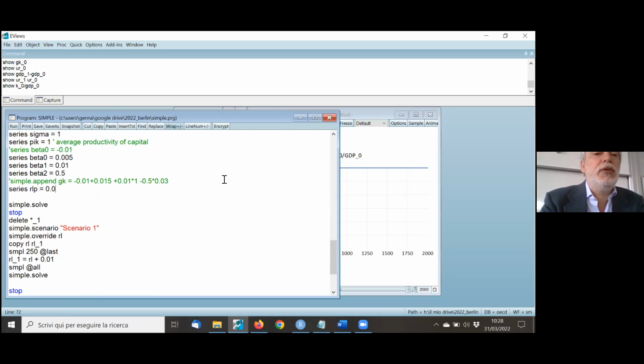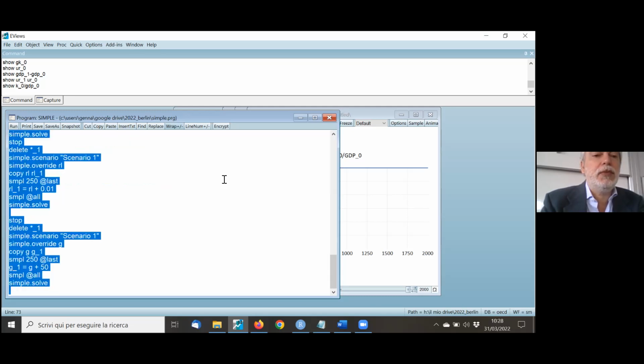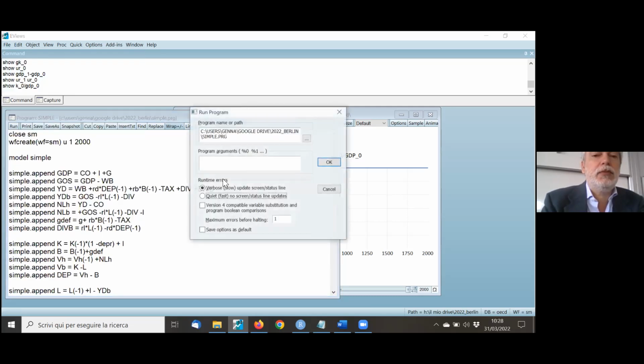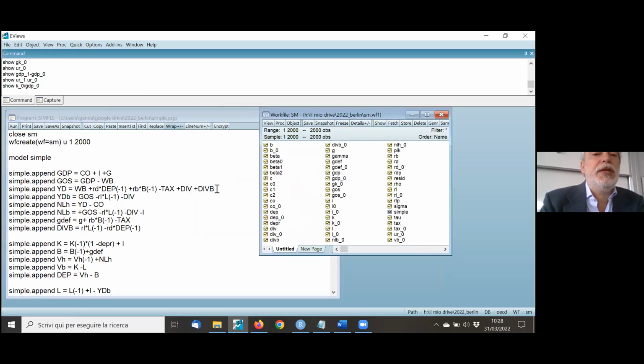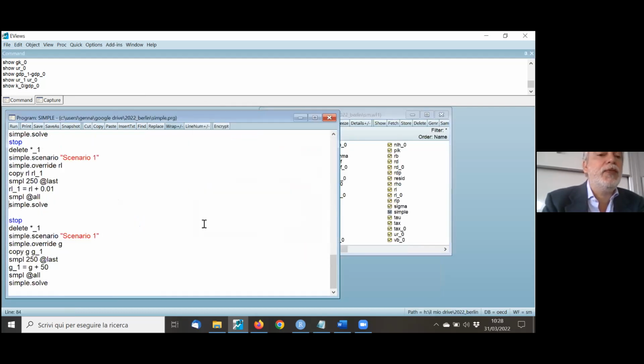RLP will be 0.01 and RDP will also be 0.01, and everything should be exactly as we had it. But now, when we shock RB, the whole structure of the interest rate is changing.